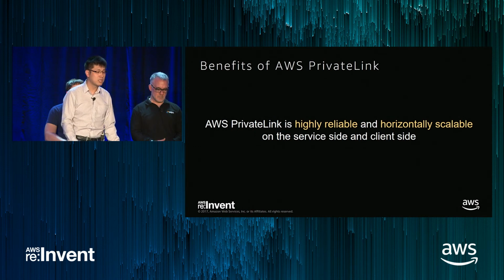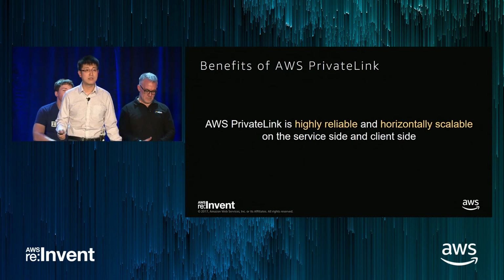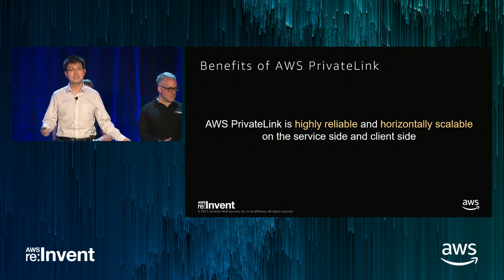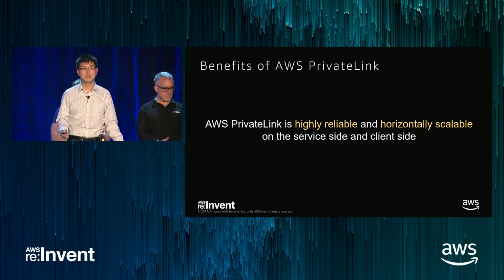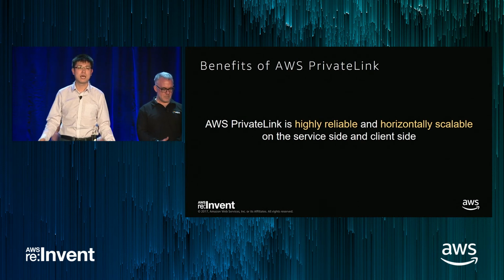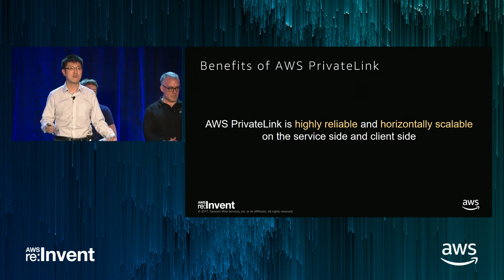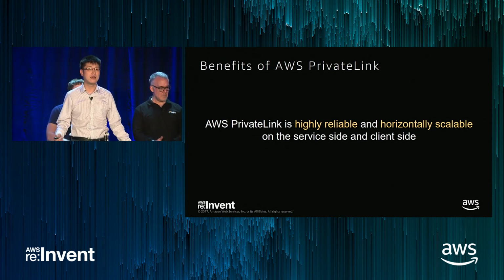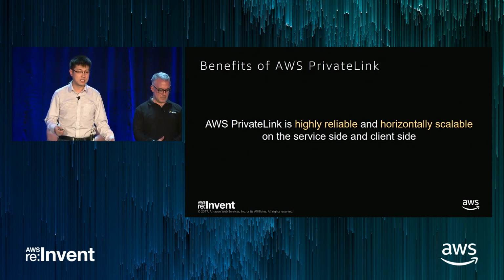Next, AWS PrivateLink is highly available and horizontally scalable on both the service side and the client side. On the service side, the service is fronted by a Network Load Balancer, the new level 4 load balancer we released earlier this year, which is highly available and highly scalable.